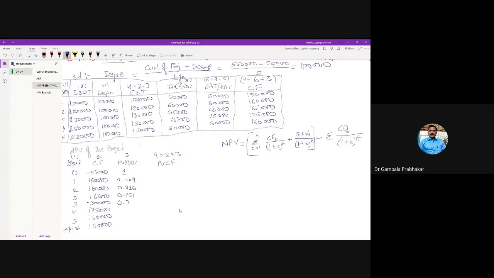For that, because this also happened in the third year, this amount we have to convert into present value with 0.751. Then coming to the fourth year, 0.683.